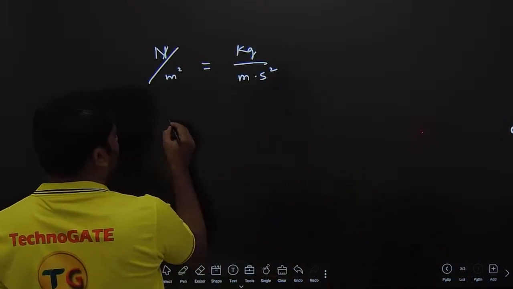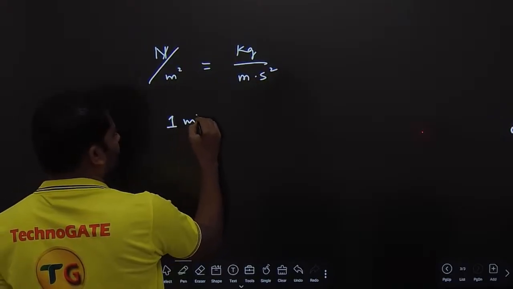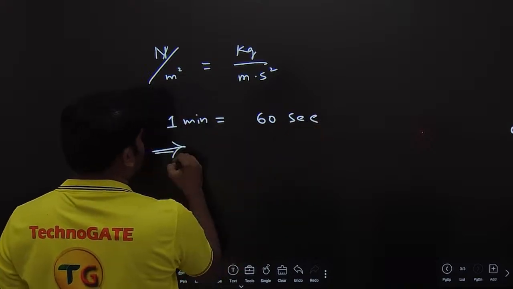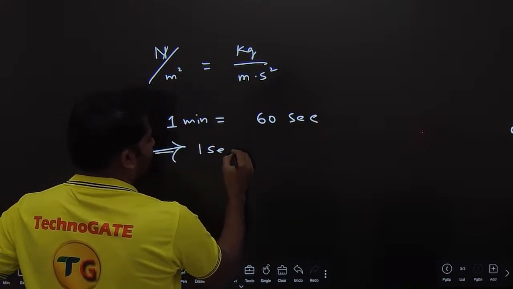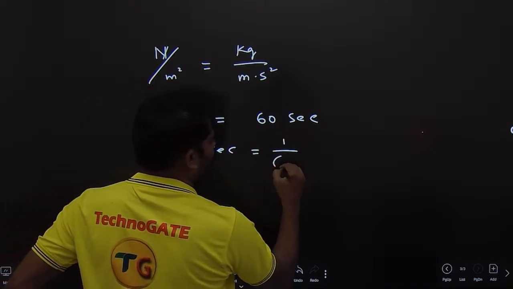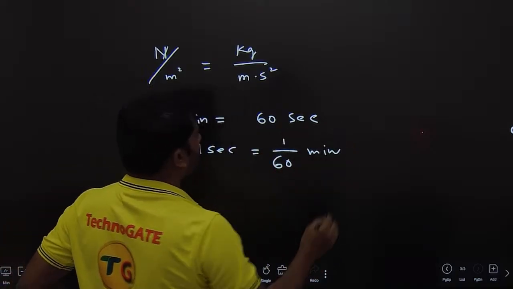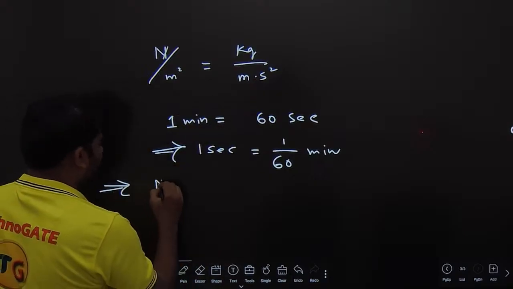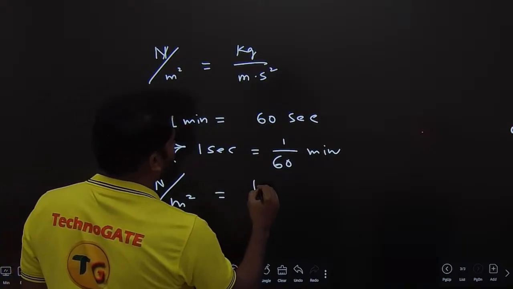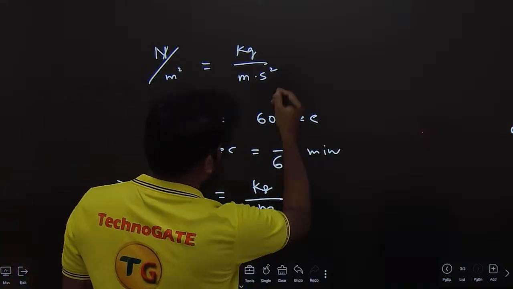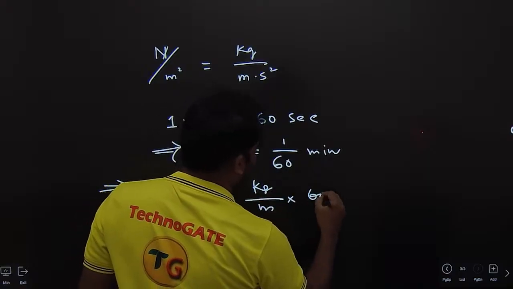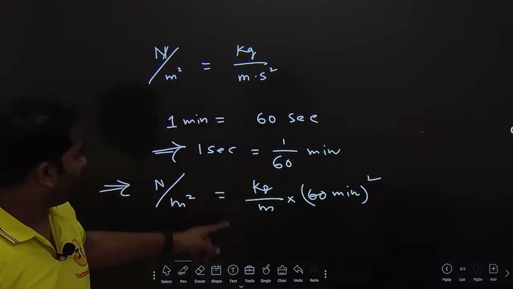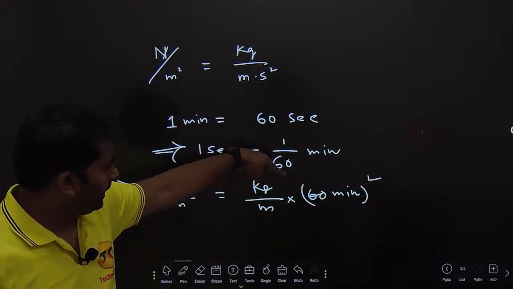Now we have 1 minute is equal to 60 seconds. This means 1 second is equal to 1 by 60th of a minute. So let me replace this second with minutes here. So we will be getting Newton per meter square is equal to kg by meter. 1 by second square means 60 minute square, 1 by second square will become 60 minute square.